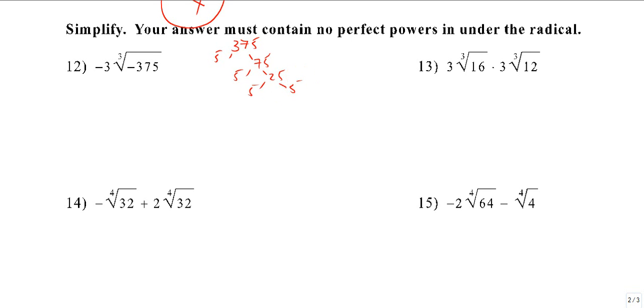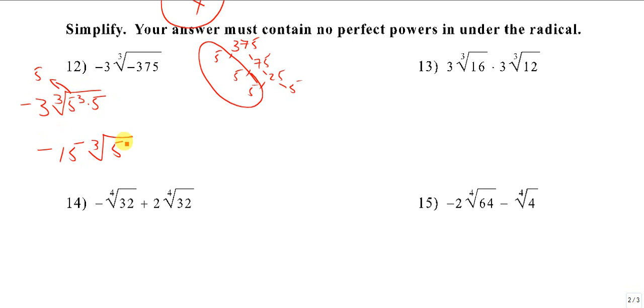Okay, so it's a cube root. These 3 5s are going to come out, so let's go ahead and rewrite it. Okay, so the 5 cubed comes out as a 5, multiplies by the negative 3, and that 1 5 stays underneath there.